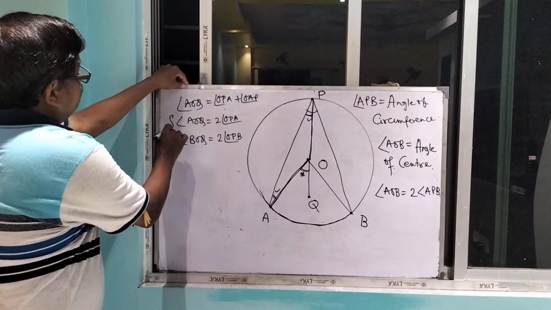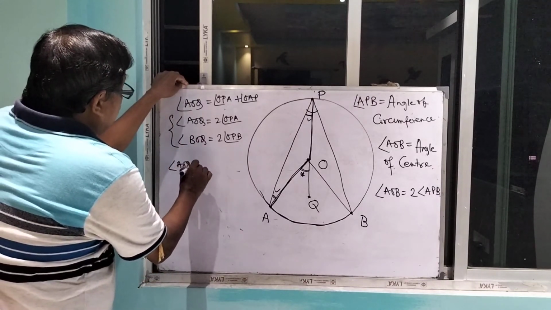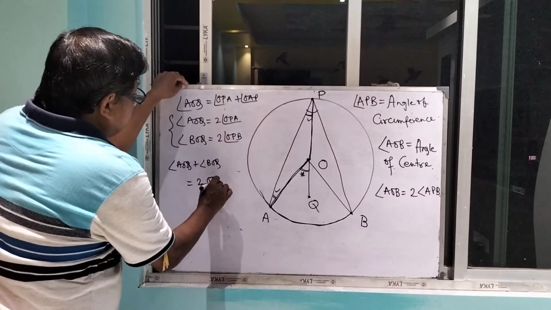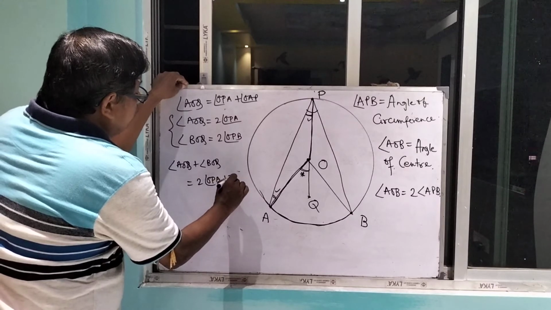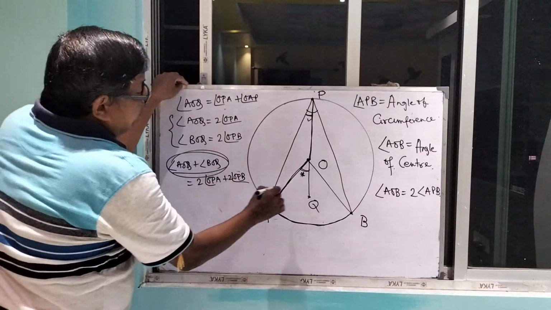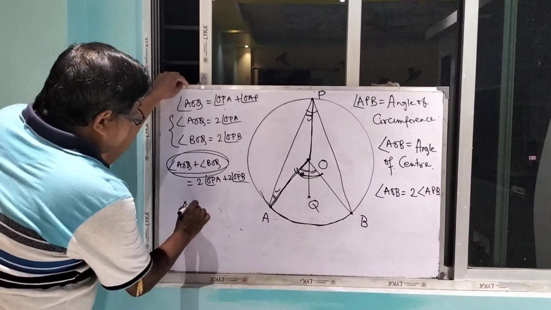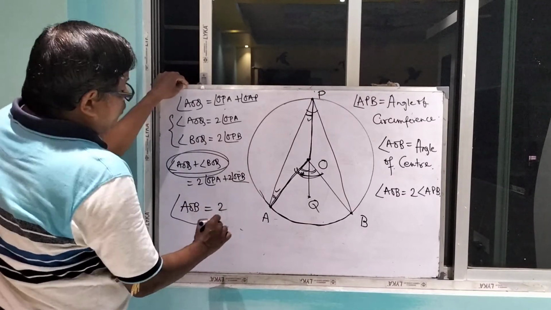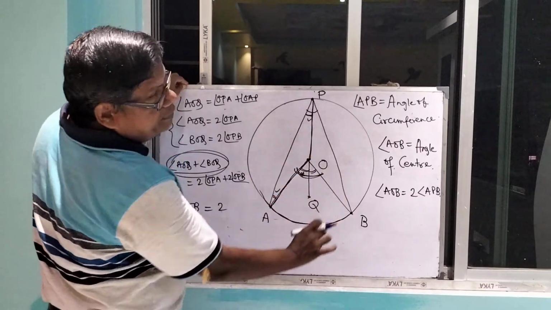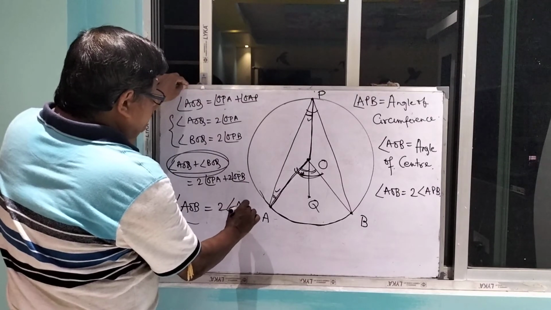Now add these two relations: AOQ plus BOQ equals 2 times OPA plus 2 times OPB. Now AOQ plus BOQ is AOB, so AOB equals twice the common OPA plus OPB, so we are getting APB.